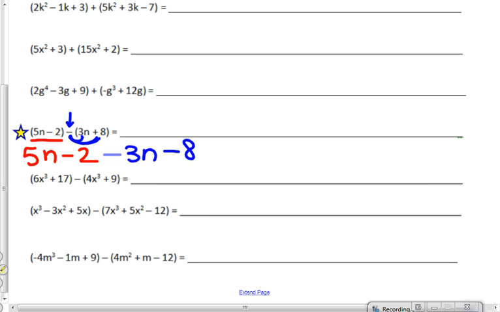Now when we go to combine like terms, we'll be good to go. You're subtracting them. Okay? So it was minus 3n, minus 3n minus 8. All right? If you want to rearrange it like I did before and put the like terms next to each other, you can.